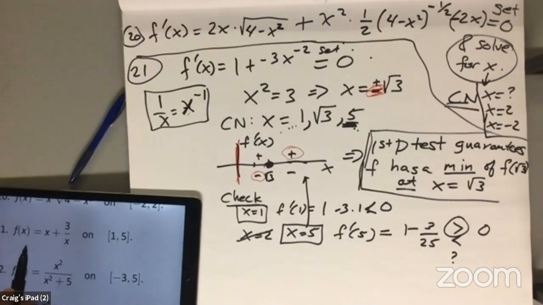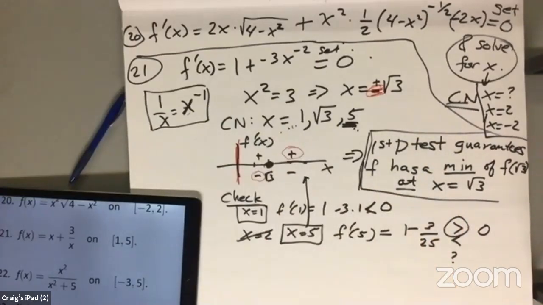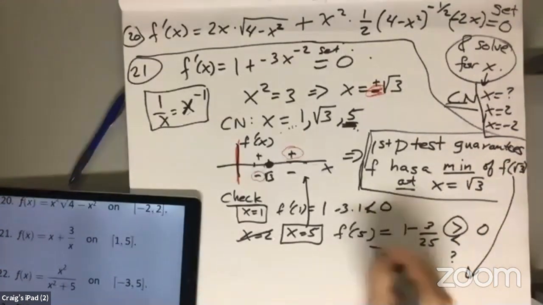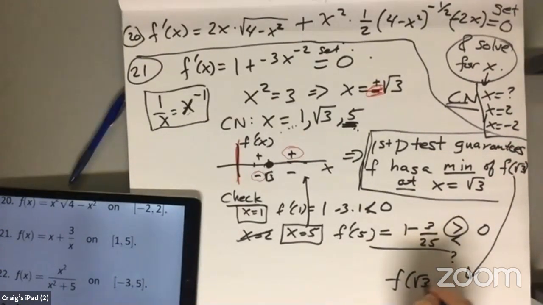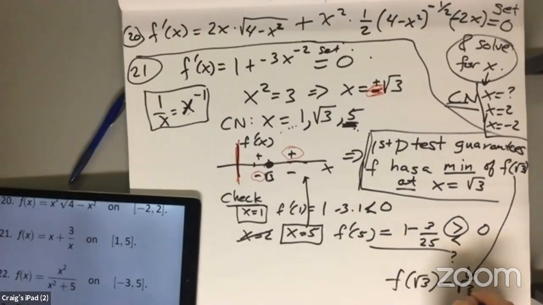And so it's a local minimum, by the way, as far as we know, because that's all we've checked. The first derivative test doesn't tell you if it's a global max or global min. So let's check that in a second. And so when I stick in x equals square root of 3, I'm just going to get f of square root of 3, which is square root of 3 plus 3 divided by the square root of 3.